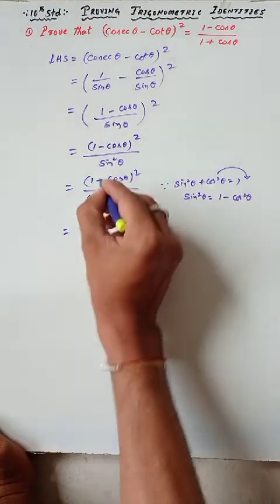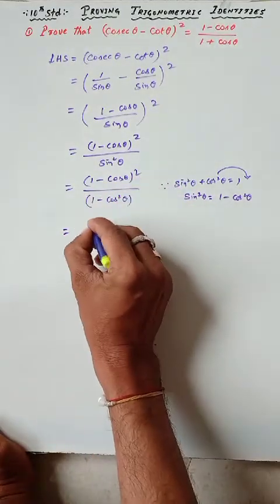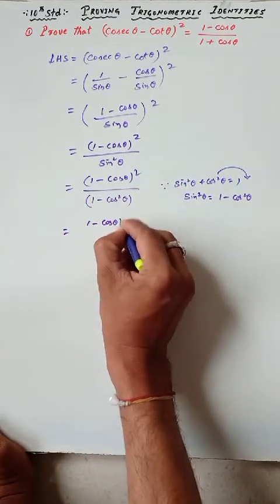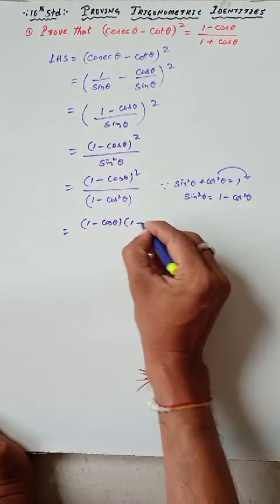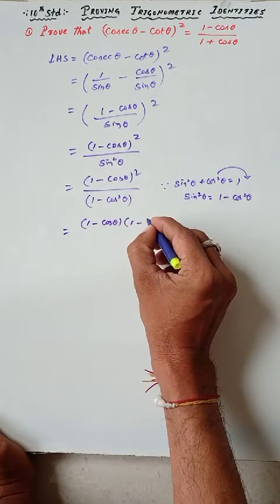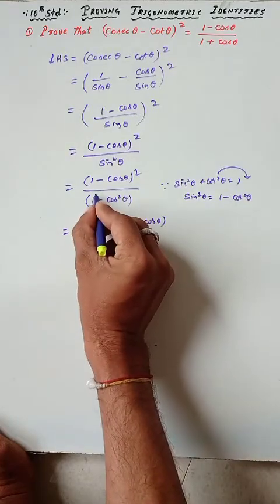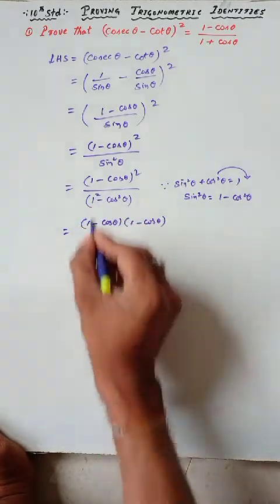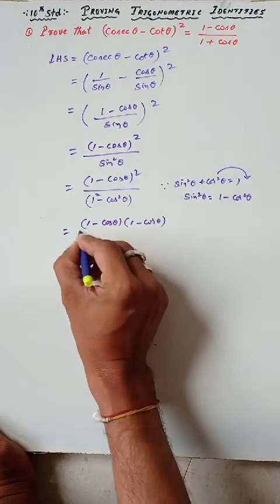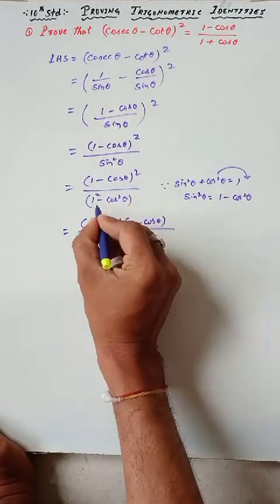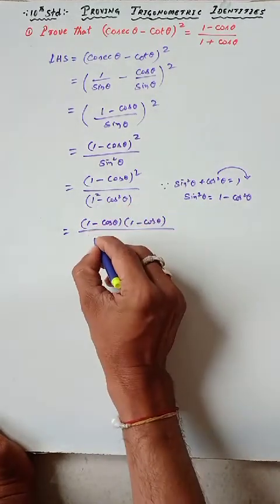Okay, just split this one. The meaning of square means we have to write this as a product of 2 times, 1 minus cos theta into 1 minus cos theta. This is the same as, let me write this 1 as 1 square. 1 square minus cos square means a plus b into a minus b we can write, no? This is the same as a square minus b square.